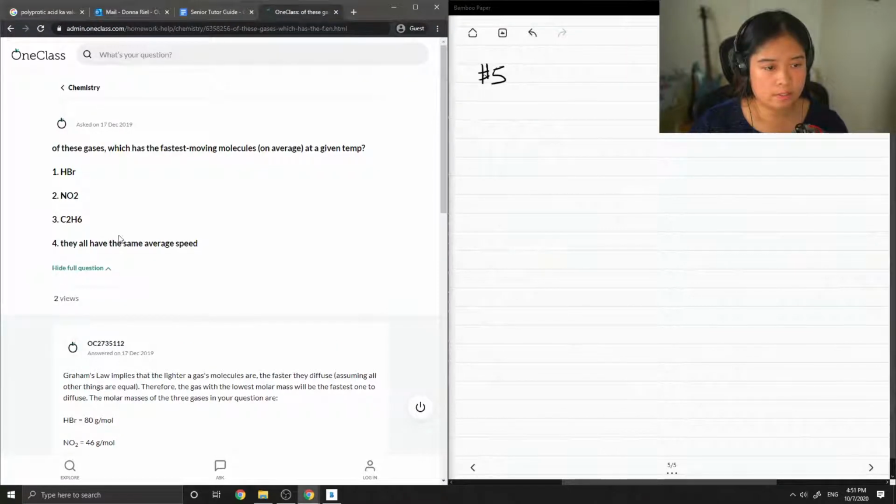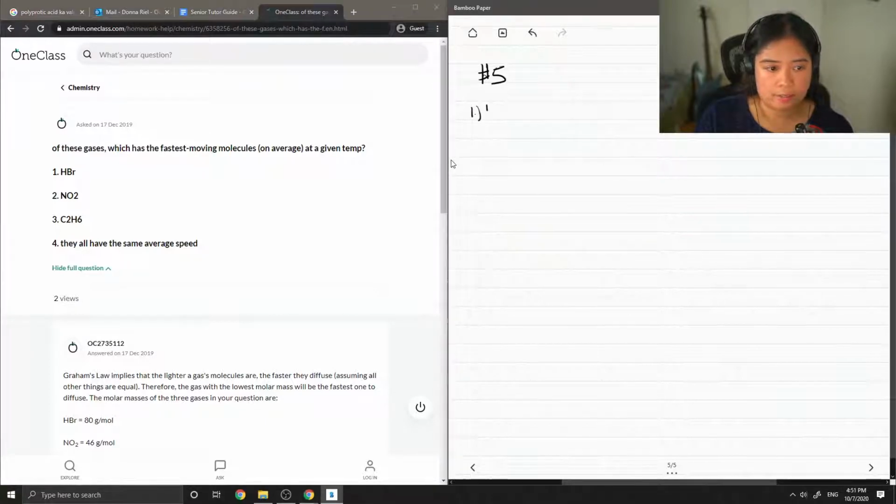Of these gases, which has the fastest moving molecules at a given temperature? I'm just going to write them down here. We have HBr, NO2, C2H6, or they all have the same average speed.